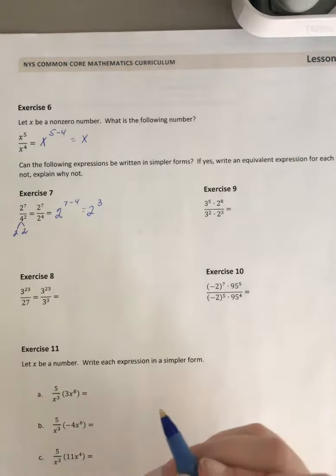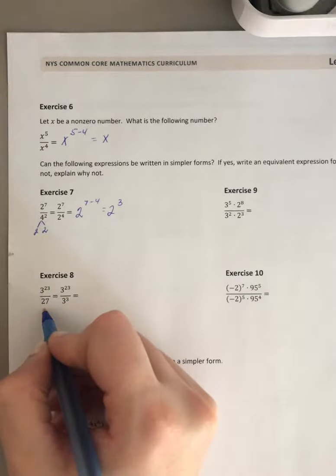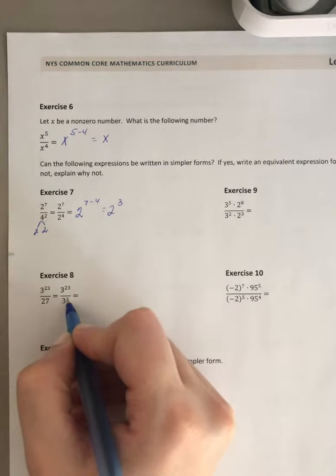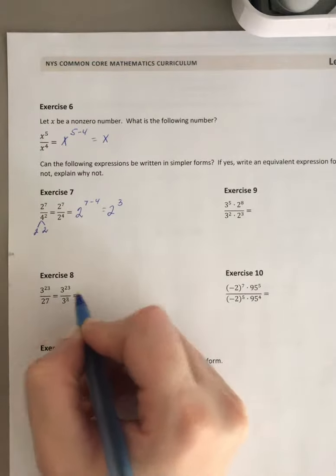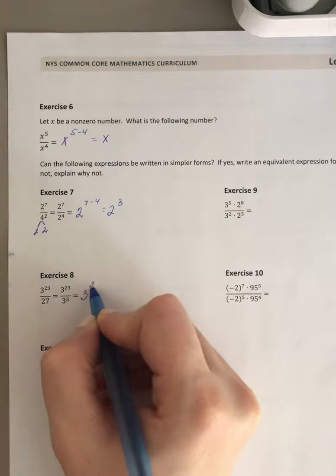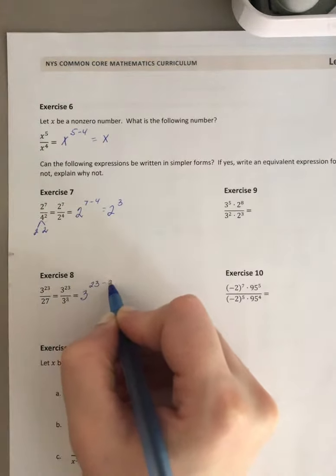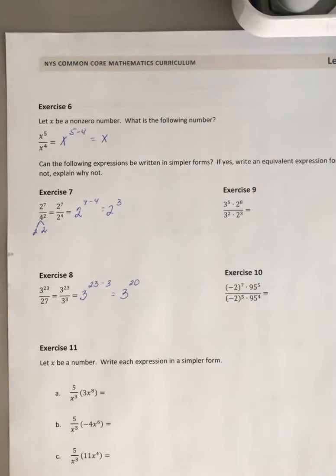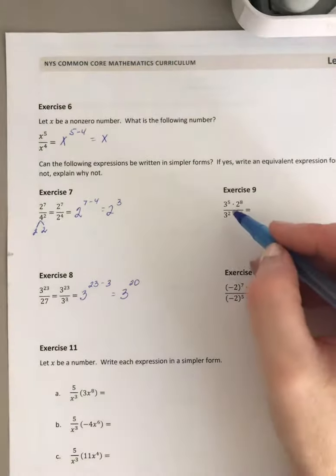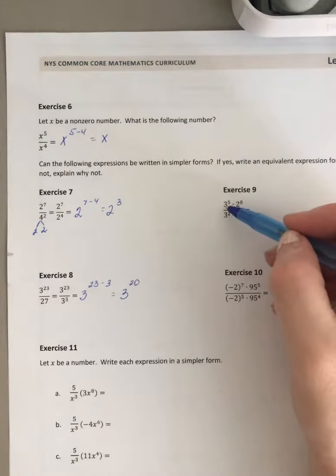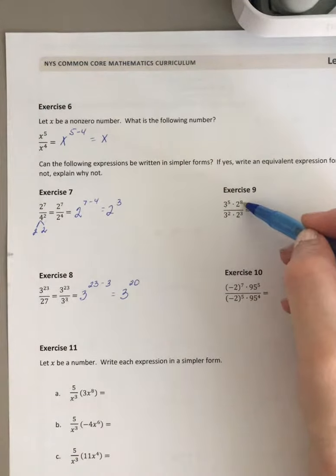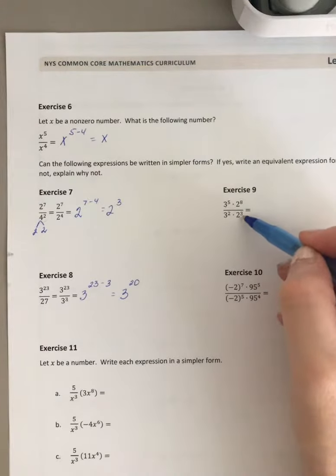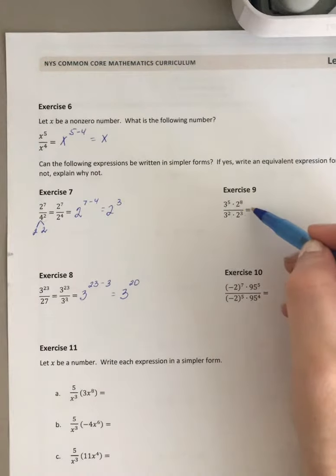Okay, exercise 8. They broke down the 27 into 3 to the 3rd power, and that made it 3 to the power of 23 minus 3, and that is 3 to the 20th power. This one is different because here I have 3 to the 5th times 2 to the 8th, over 3 to the 2nd times 2 to the 3rd, over the same fraction.